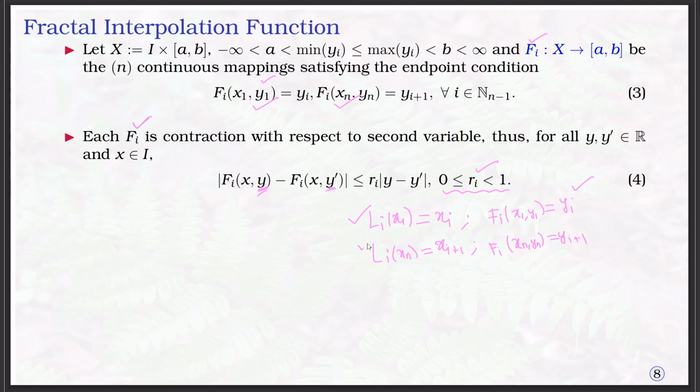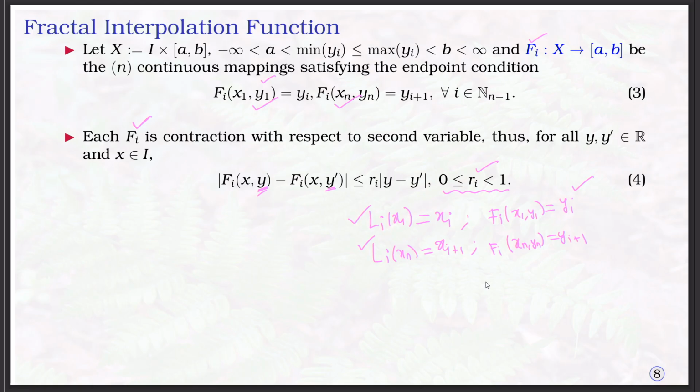This condition makes sure that there is no discontinuity in the horizontal line, so that the whole interval is mapped to the subinterval and the endpoints will be matched. When you apply L1 and L2, there should be no gap. Similarly, in the vertical direction, Fi does the same job; it satisfies this endpoint condition.